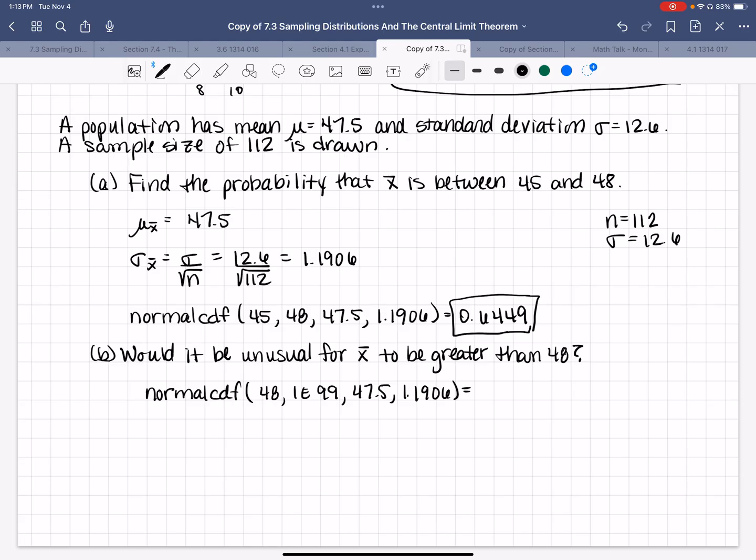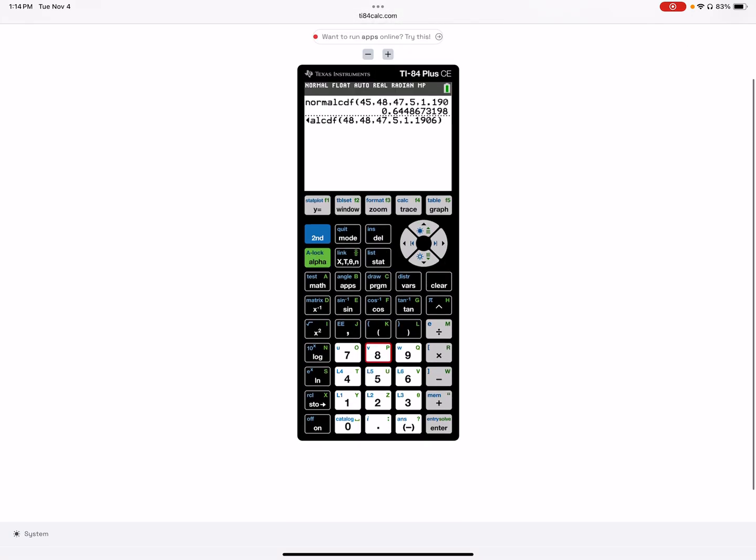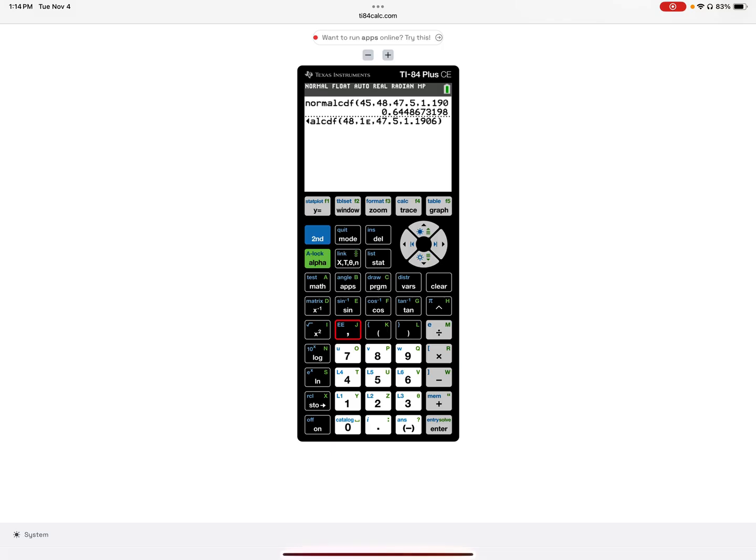And when I put that in to normal CDF, I'm going to go up here. Let's see if I can just edit this one. I'm going to do 48. Whoops, sorry guys. This is going to be 1 second E 99 comma 47.5 comma 1.1906, and I get a 0.3373.